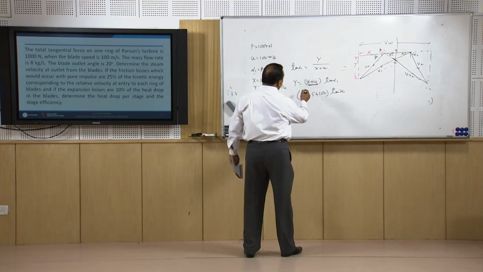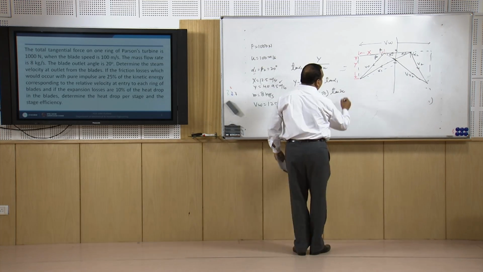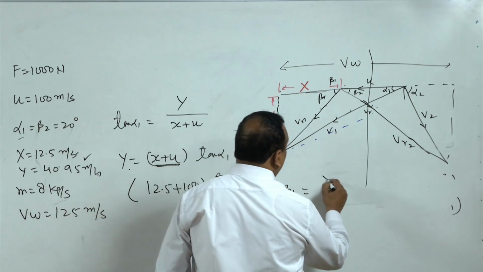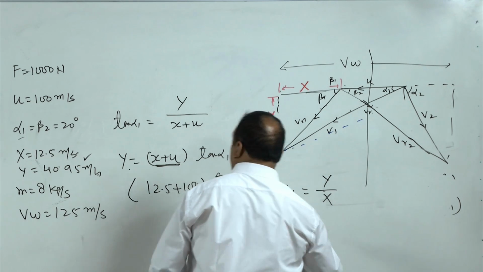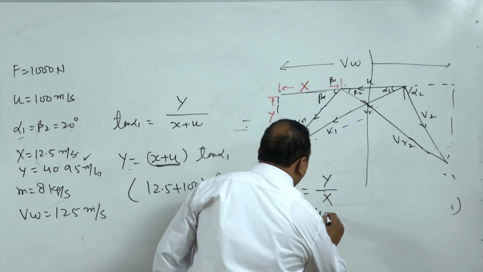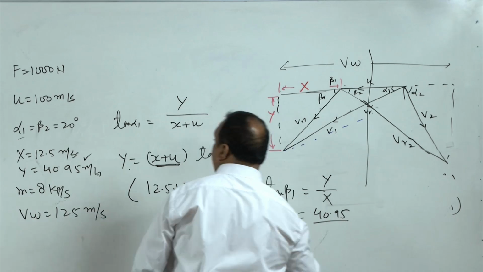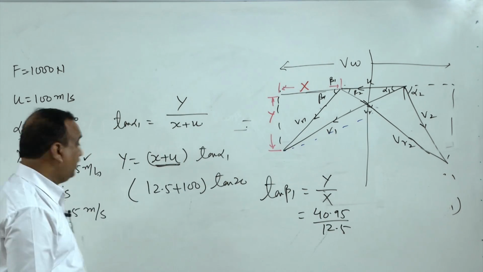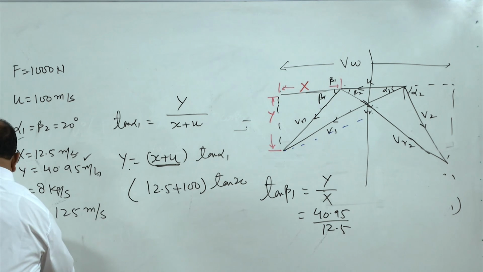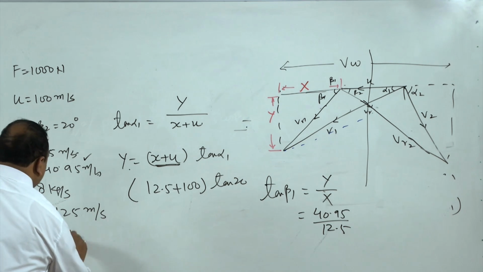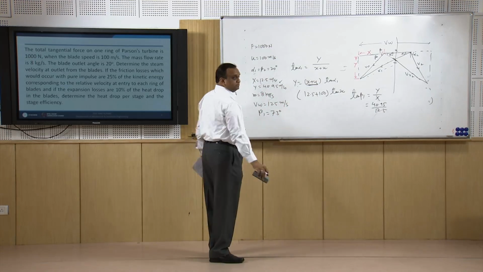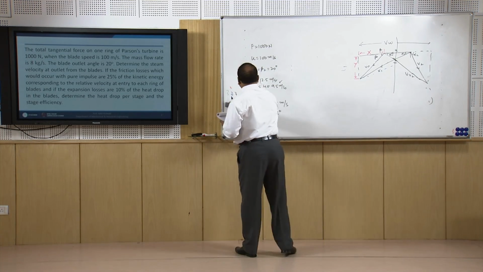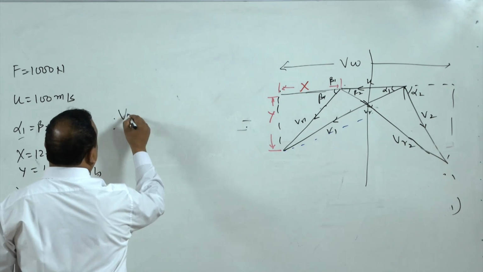Now, once we have the value of y and the value of x, then tan beta 1 is equal to y by x, which is 40.95 divided by 12.5. From here we will get the value of beta 1, and beta 1 is 73 degrees. Now, with the help of this information, we can find the value of VR1 also.